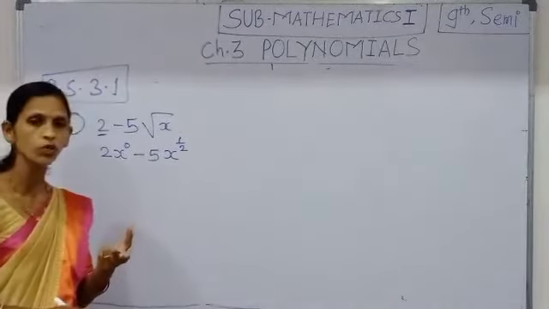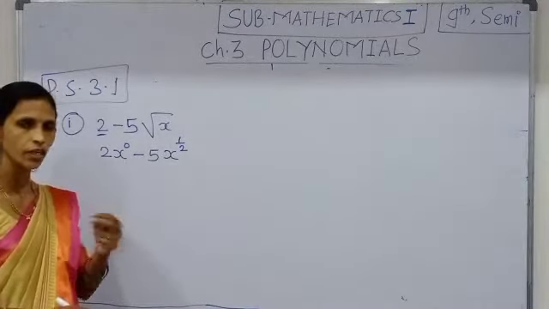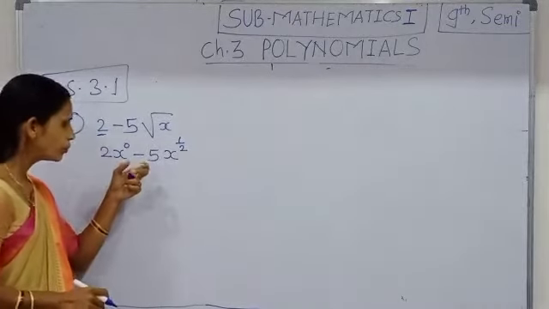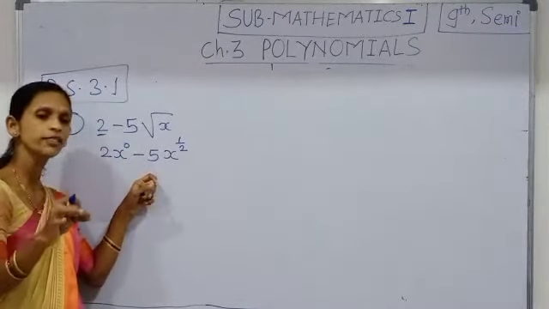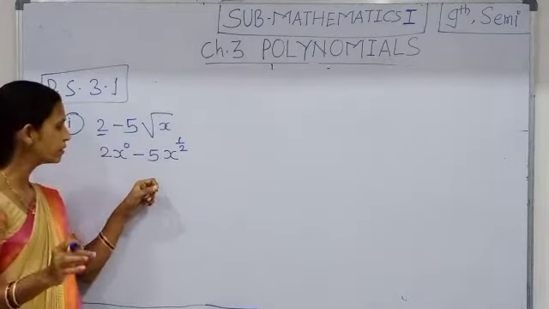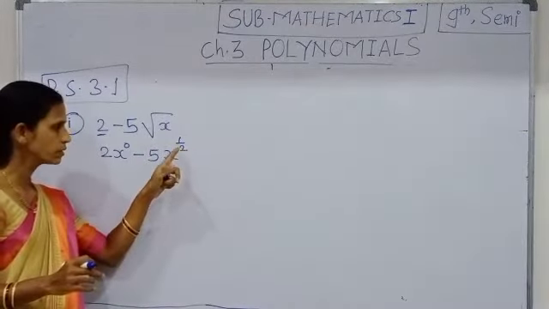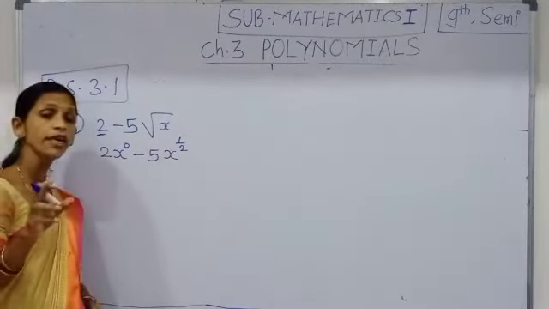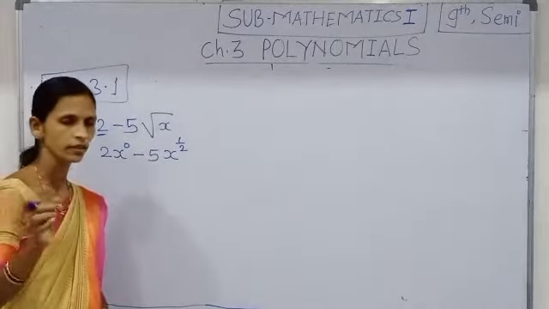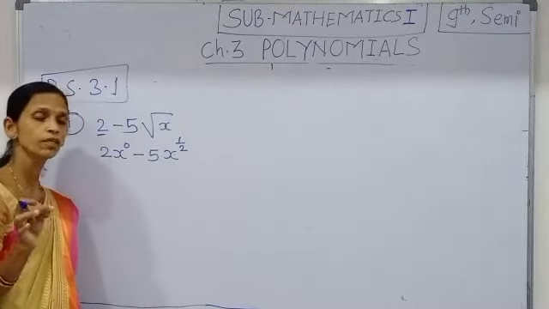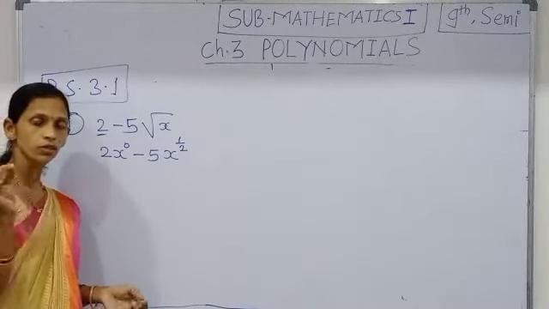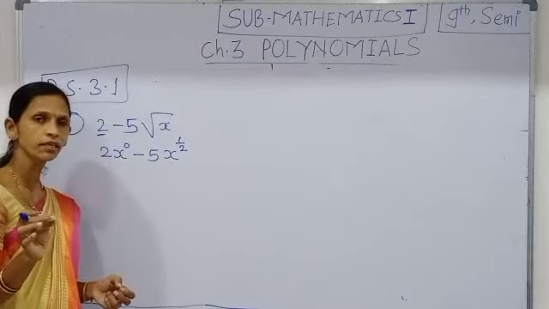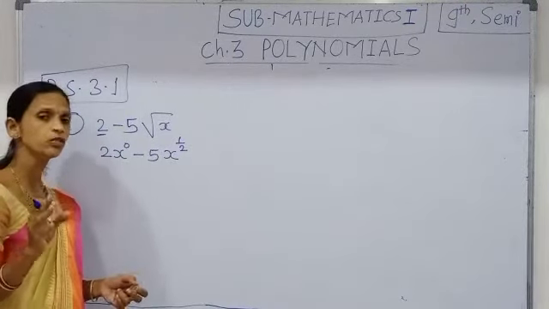By the definition of polynomial, polynomials are those algebraic expressions in which the indices of the variables should be whole numbers. That means the index of the variables should be positive integers or 0, that is, a whole number.